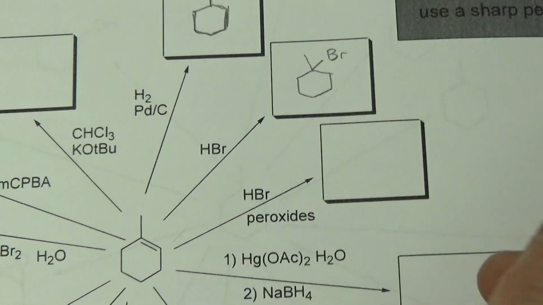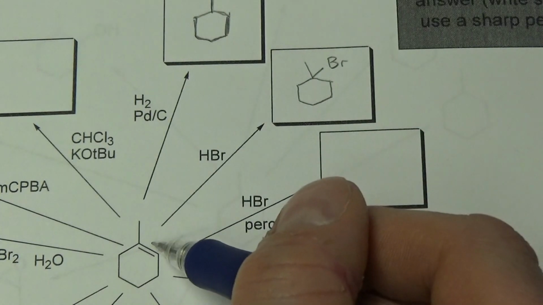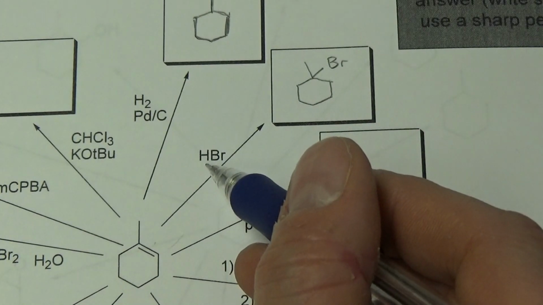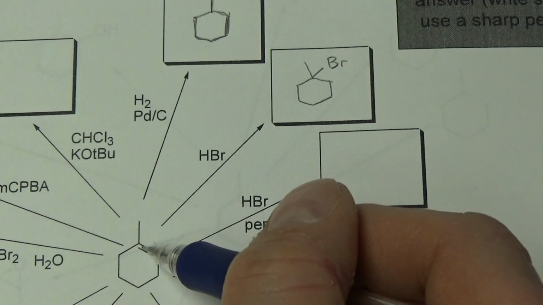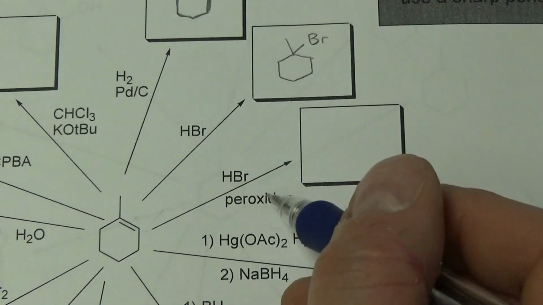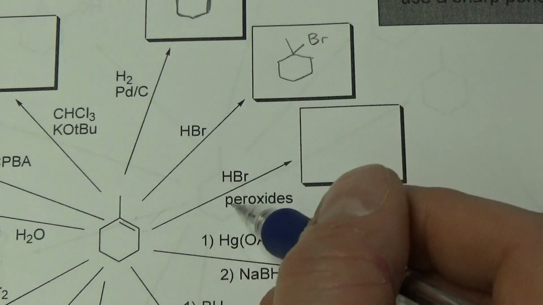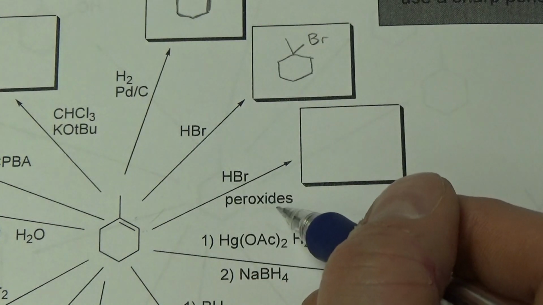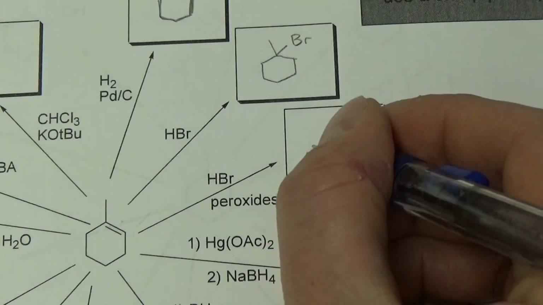On the more substituted, it's via carbocation, and I'm not going to draw the mechanism, but the double bond attacks H from that side, and then you get a carbocation on the more substituted side, Br minus attacks. This is one at the end of the chapter, but I just mentioned it, I foreshadowed it. HBr with peroxides is anti-Markovnikov, and that puts the Br on the other carbon.